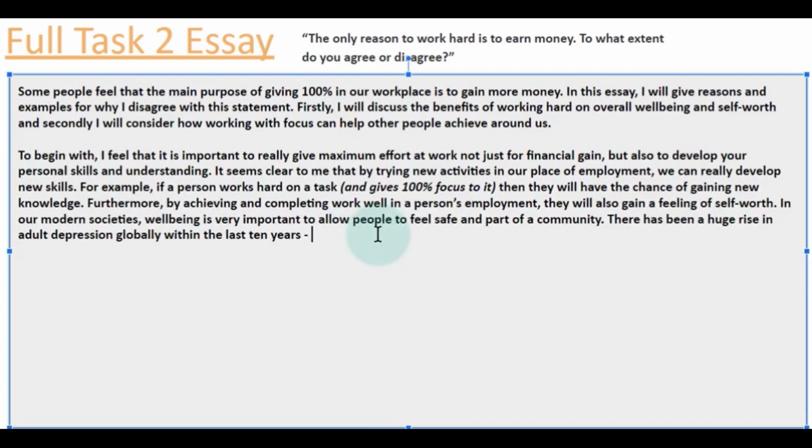I think here, just to try and come back to the question, because this sentence is saying another example of why it's important to work hard, not just for money. And really these two sentences explain in a bit more detail, but just to bring it back to the question, I'll add a hyphen. There has been a huge rise in adult depression globally within the last 10 years, and success within work can have a positive effect on this.